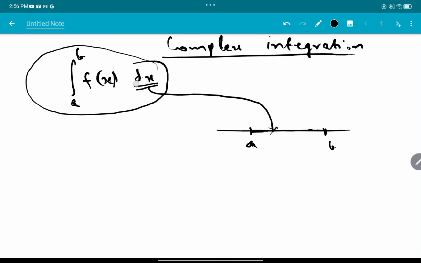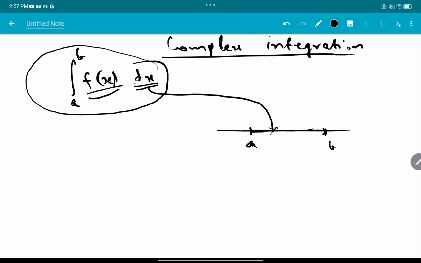This dx is a representative of the path, and f(x) is of course a function defined on this path. Now, the important thing is that there is only one option for this integral. There is only one path. There is no second choice.